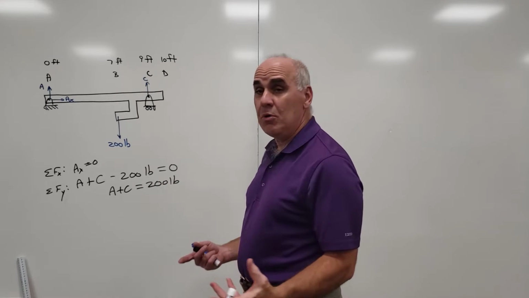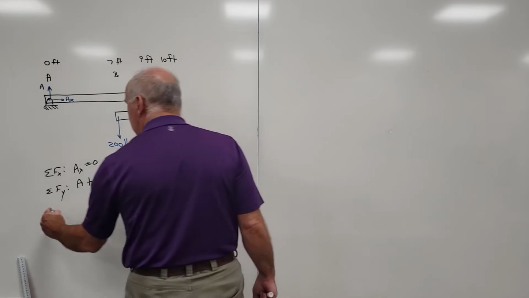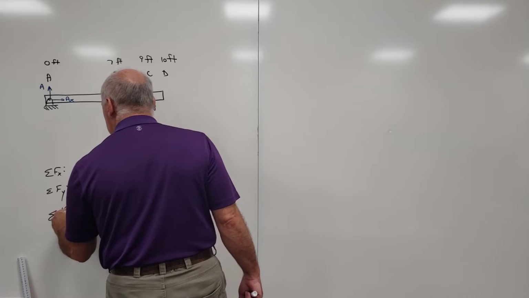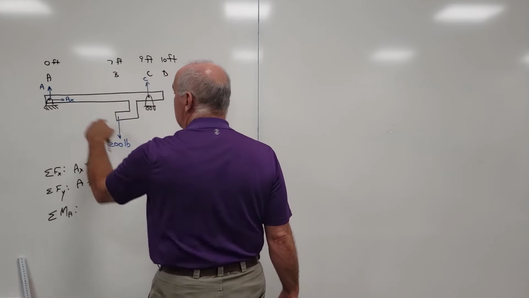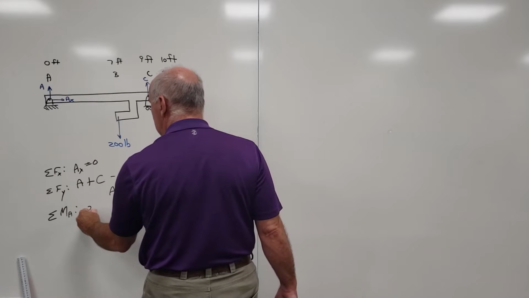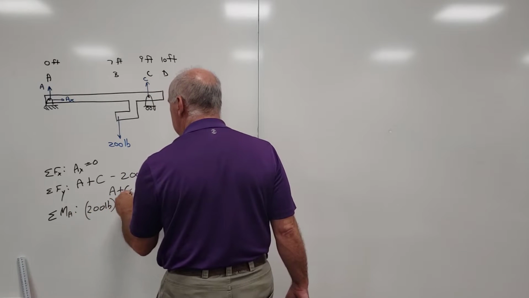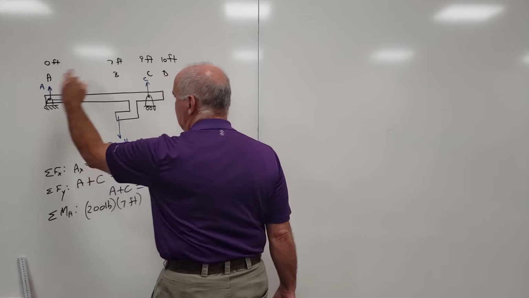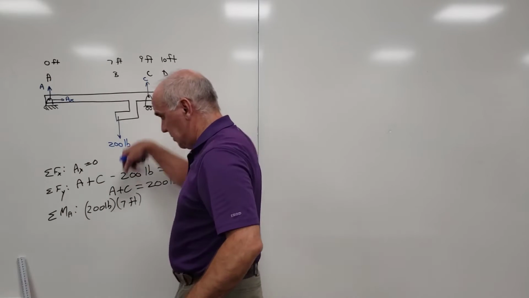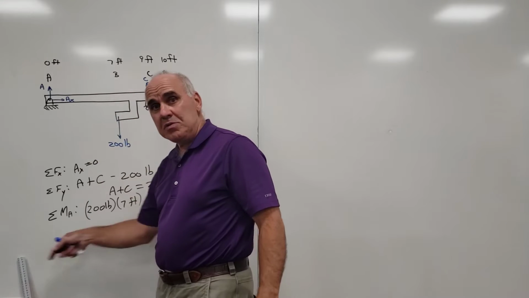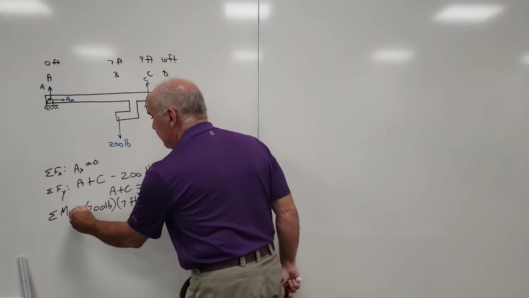And then sum of the moments, and we'll do the sum of the moments about A. And when we do that, nothing there, but then I have 200 pounds times 7 feet, because that's down in this direction. It's pushing down, so it's trying to rotate it clockwise, so that's negative.